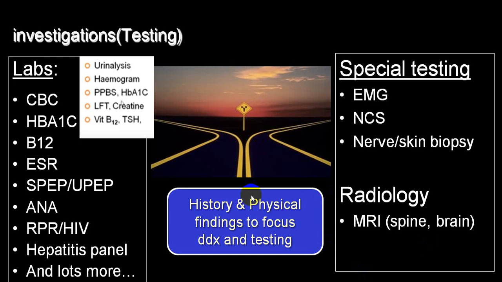Among investigations to find out the etiology: CBC, HbA1c to find out diabetes, B12 to find out nutritional deficiency, ESR in a case of inflammatory disorders, other investigations like ANA, HIV, hepatitis panel, urine analysis, hemogram, postprandial sugar, HbA1c, LFT, creatinine, B12 level, and TSH to rule out hypothyroidism.